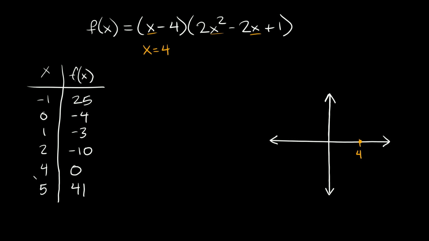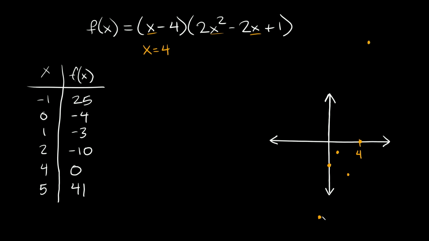All right. So if you plot these points, so -1, 25, that would be like way down here. 0, -4, we'll say it's about there. 1, -3 is about there. 2, -10 is, that's actually going to be down here. 4, 0 we already have, and then 5, 41, right? So 5, 41 would be way up here.